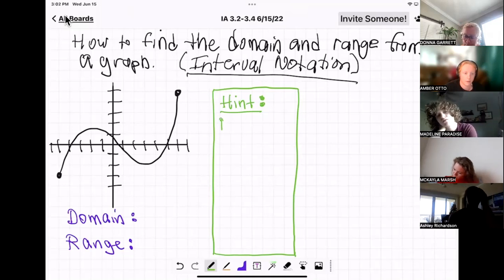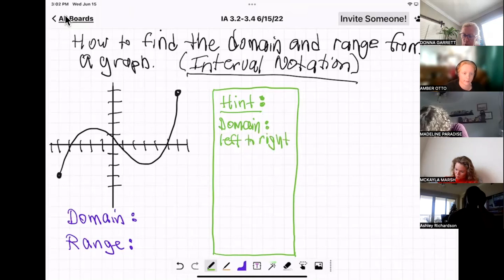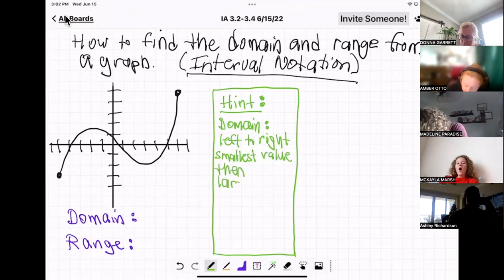Okay, for domain, you're going to look left to right. You want to find the smallest value and then the largest value.